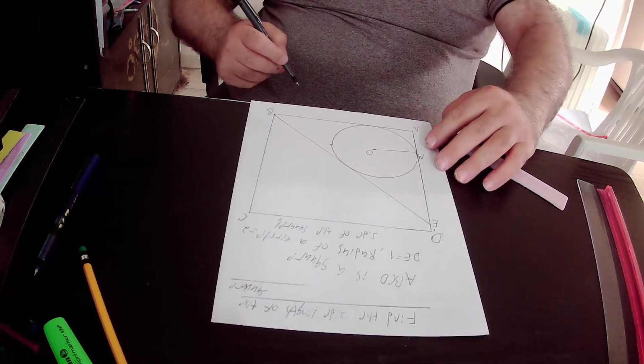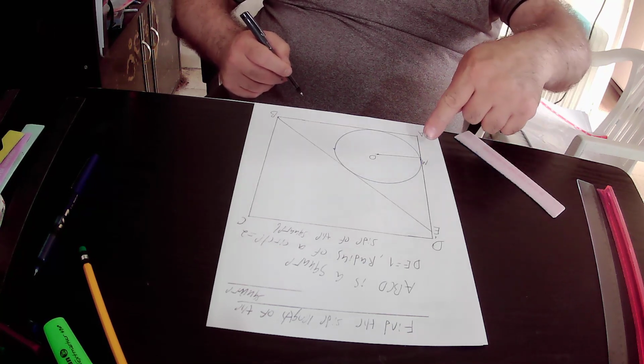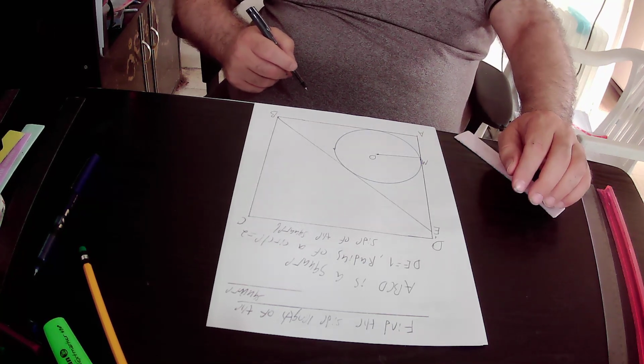M is the point of tangency of tangent AD with this circle.